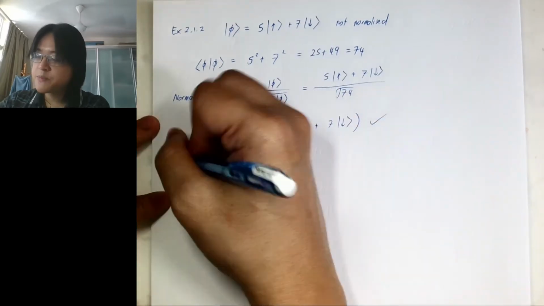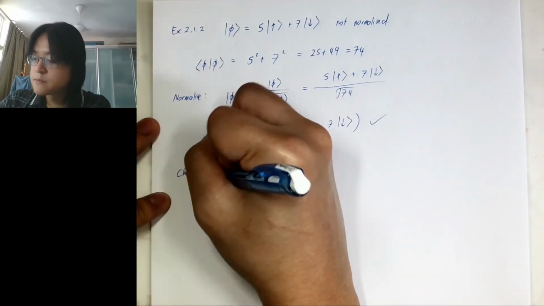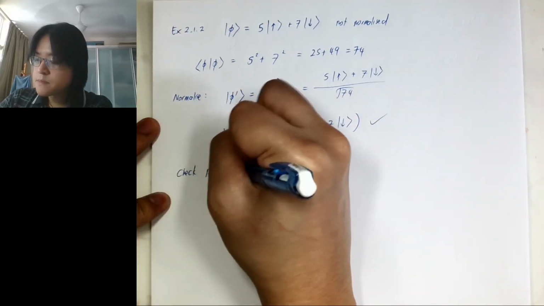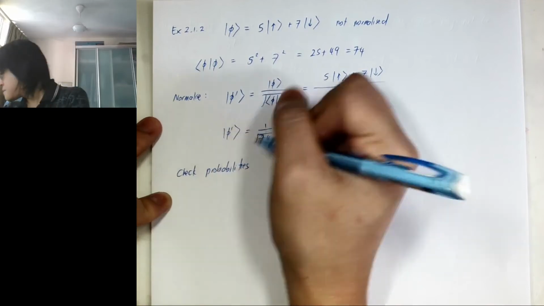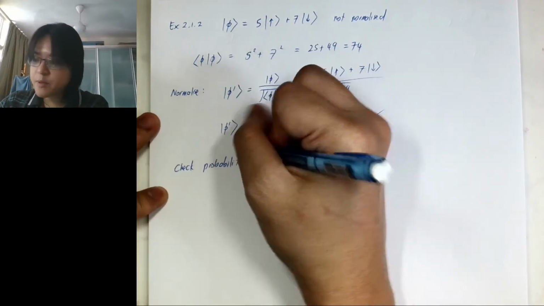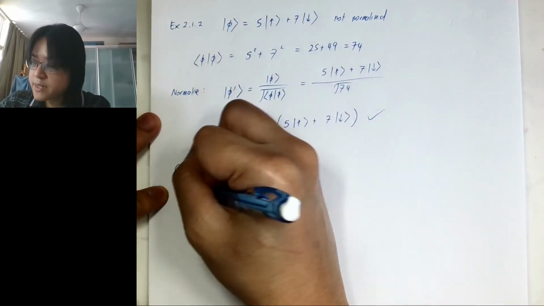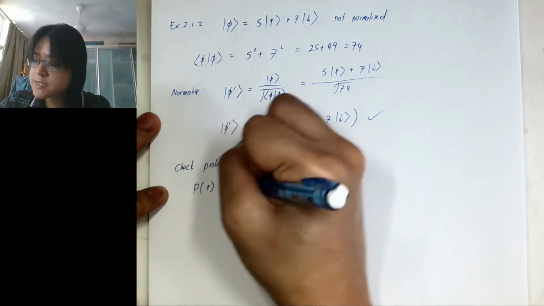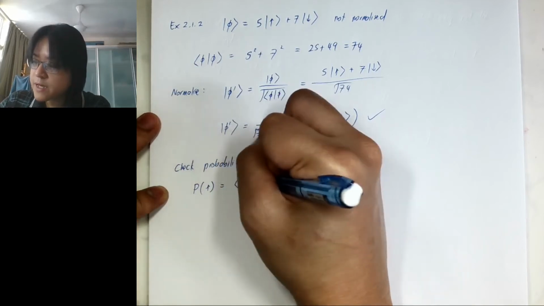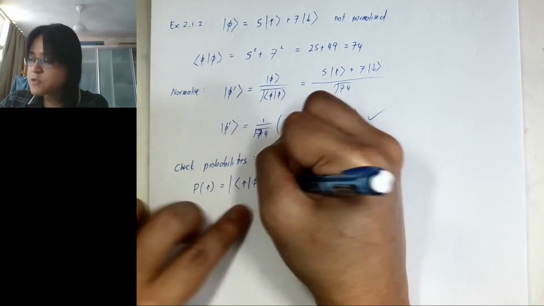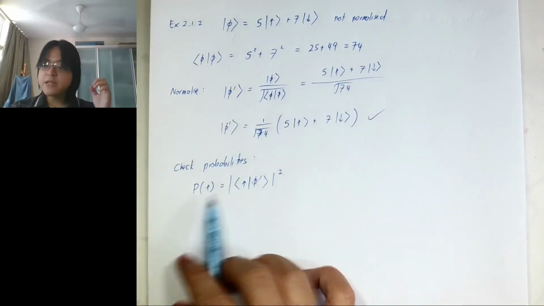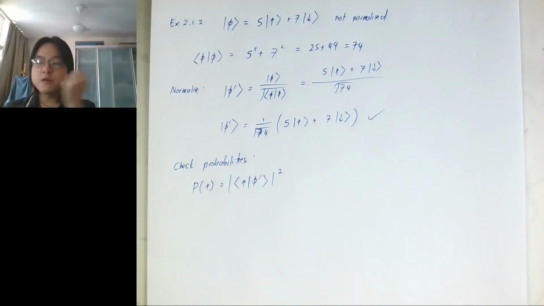So let's check the probabilities. What is the probability of observing up for this state? As usual, we close the value that we want, and then we take the modulus square.